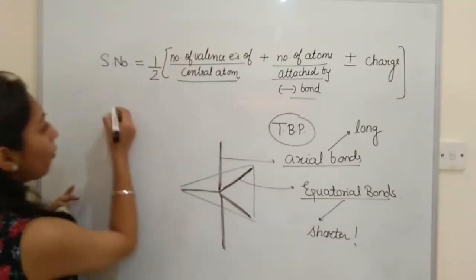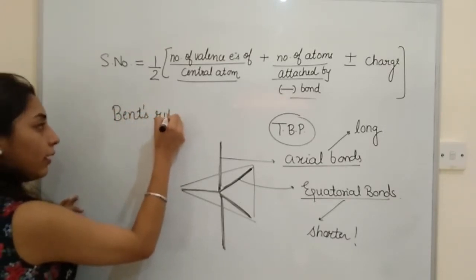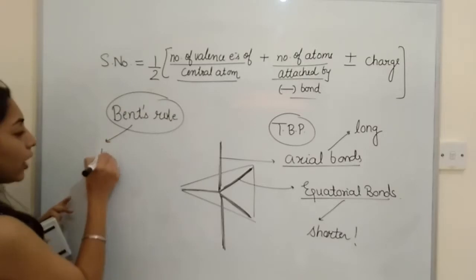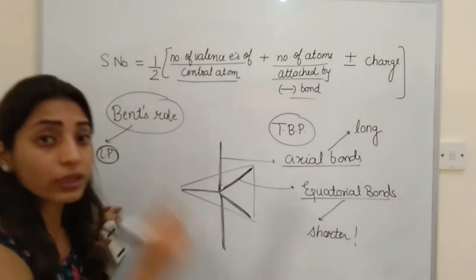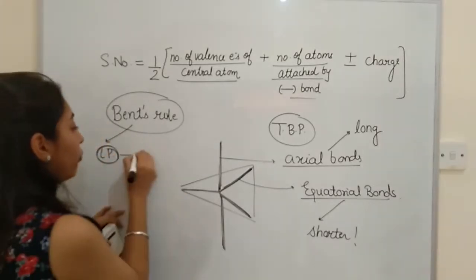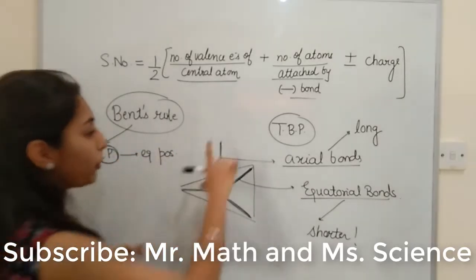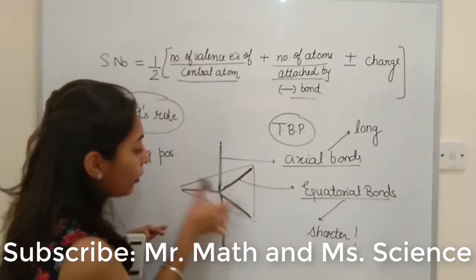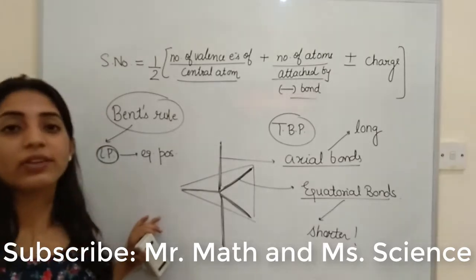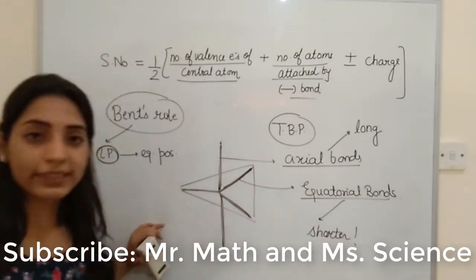Okay. Now Bent's rule says that if there is a lone pair, the lone pair will only go to equatorial position. Lone pair will never be kept at axial positions. It will always go to any of the 3 equatorial positions. All these 3 equatorial positions are the same.